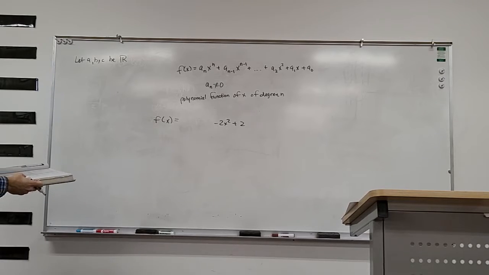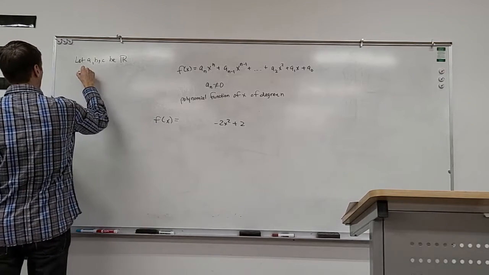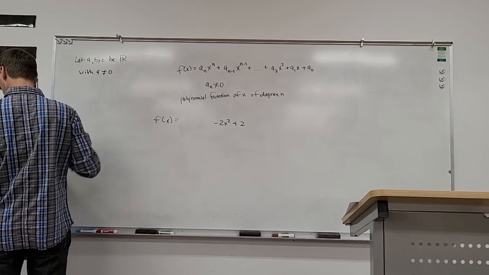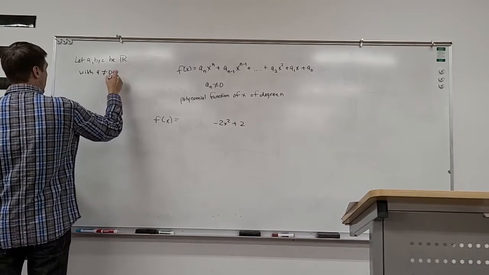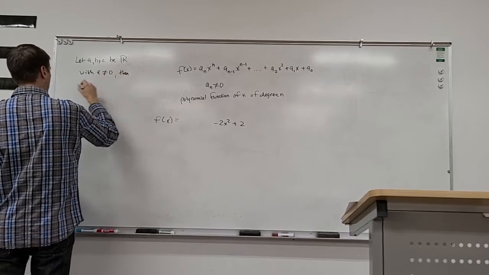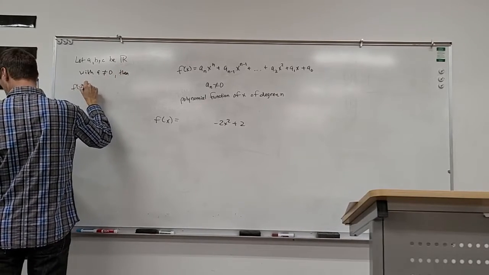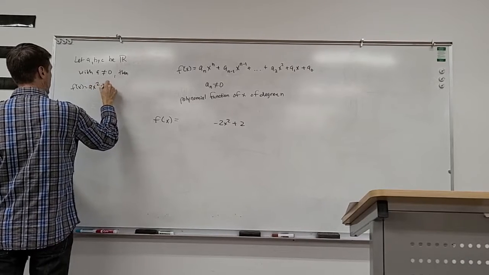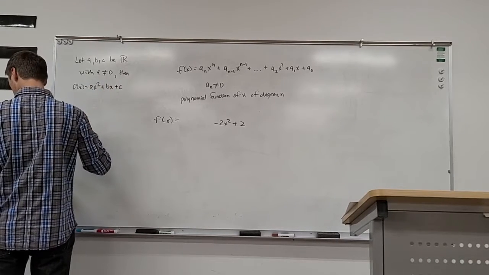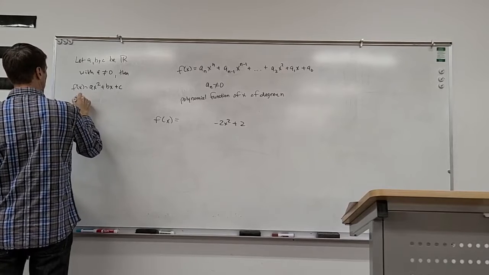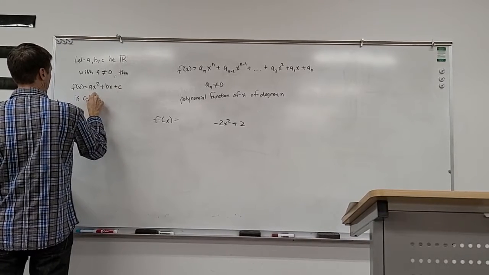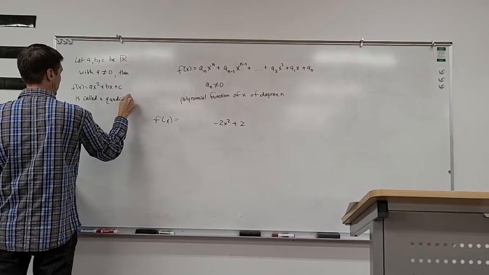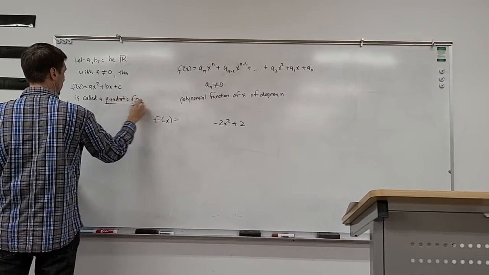Let A, B, C be reals with A not equal to 0, then f of x equals ax squared plus bx plus c is called a quadratic function.